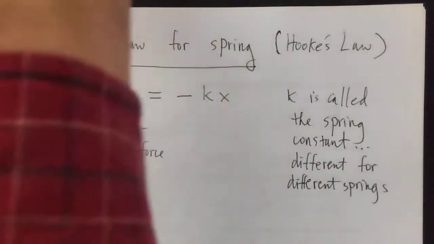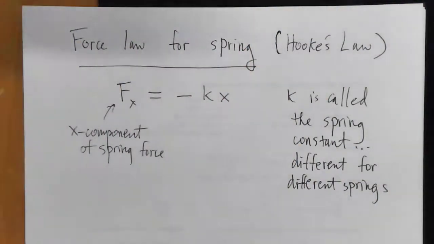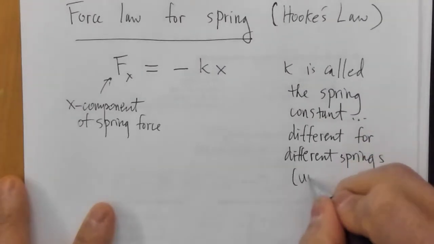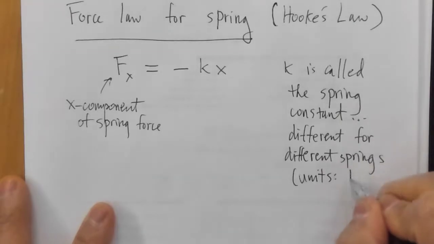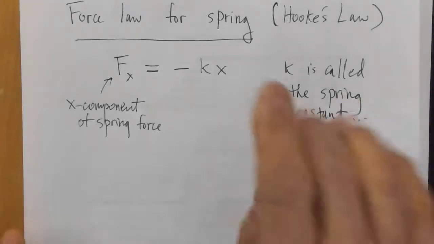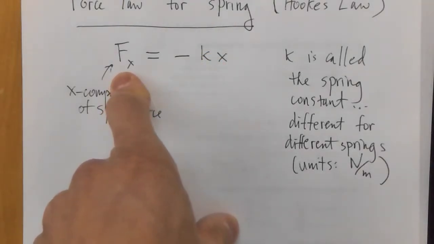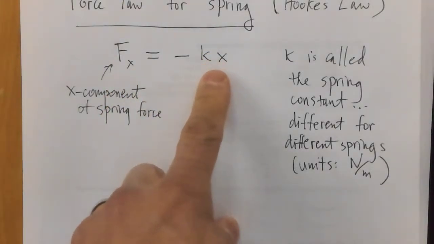Now, the units for this spring constant are newtons divided by meters, because x will be in meters. The force will be in newtons, so I need something that will be newtons per meter.